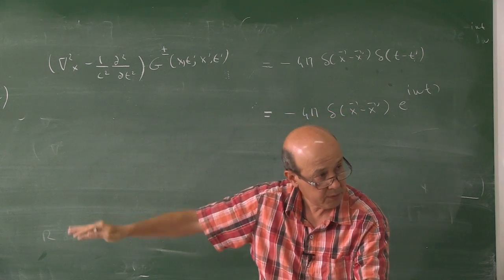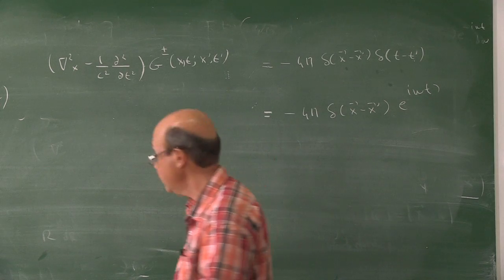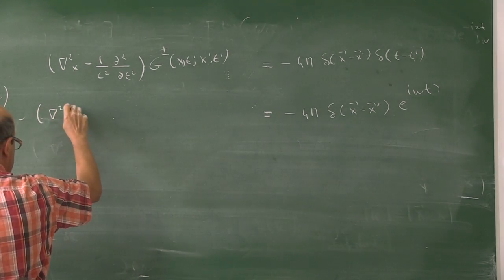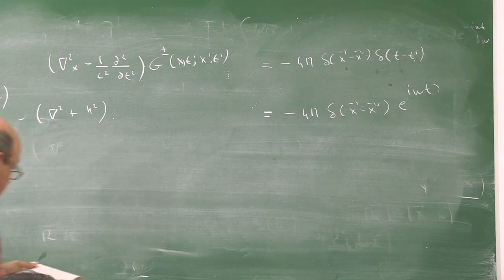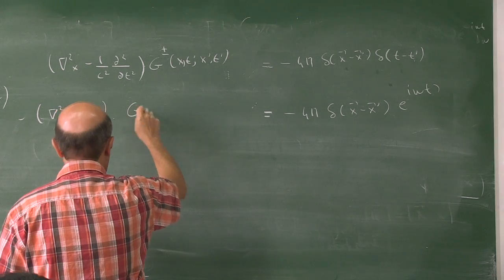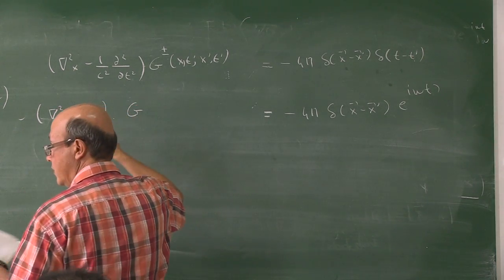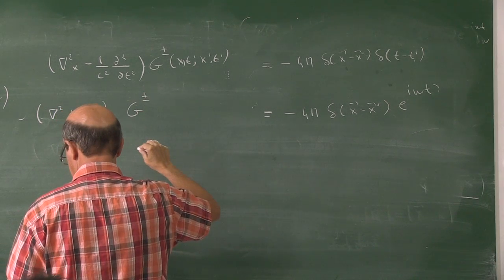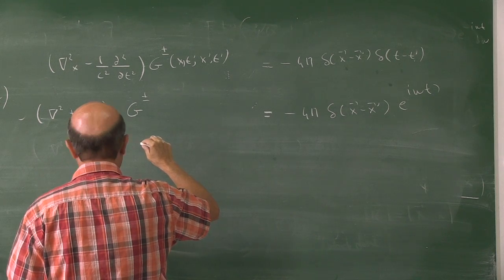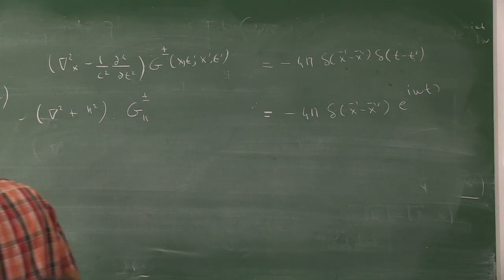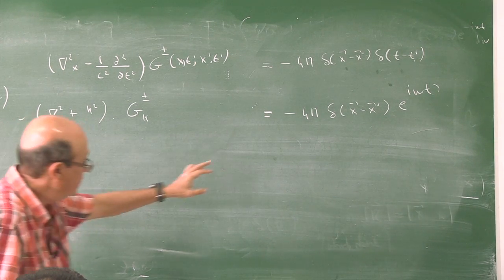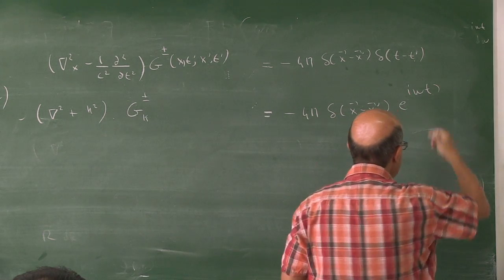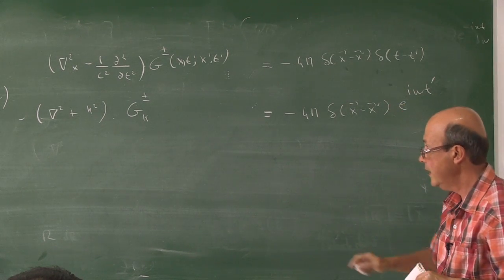If you take the Fourier transform of the left-hand side, we already did. What is the result? That is equal to Laplacian plus k square times what? This. So let me say G plus of r for k. But is it sufficient? If you look at the left hand and right hand side, there is something wrong. The right side has an e to the i omega t prime, and this doesn't.